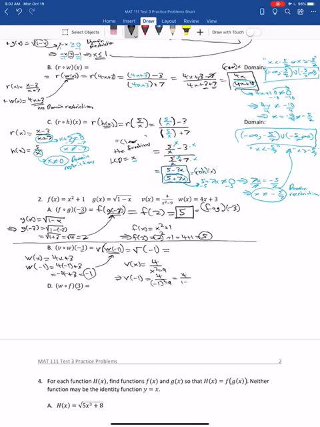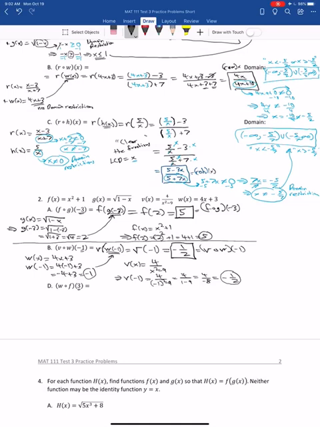Negative 1 squared is 1. 1 minus 9 is negative 8. 4 divided by negative 8 reduces to negative 1/2, right? So then we get negative 1/2 here. So v of negative 1 equals negative 1/2. And there's our composite function. So there's v composed with w at an input of x equal to negative 1.